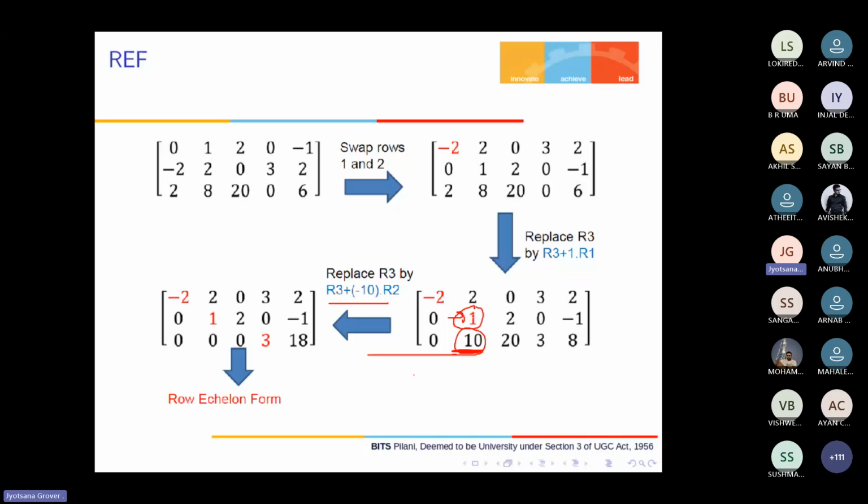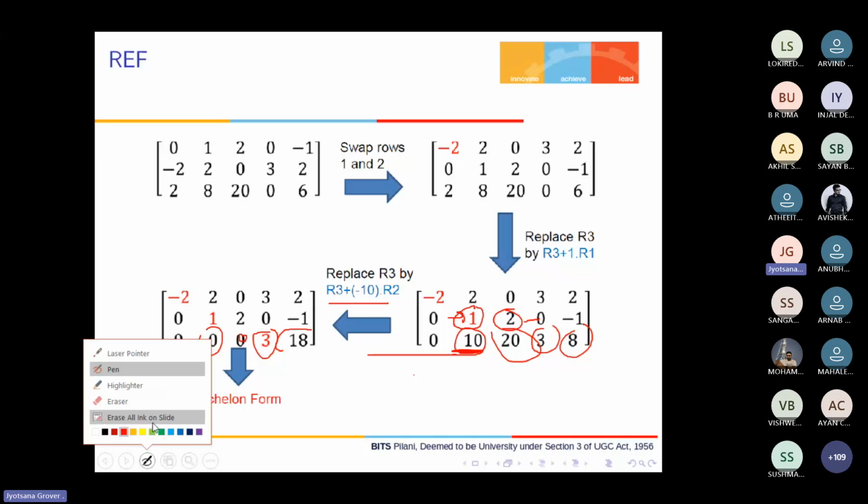So 10 minus 10 is 0. Then 20 minus 2 into 10 is 0. Then 3 into minus 10 into 0 is 3. Then 8 minus 10 into minus 1, 8 plus 10 is 18. Now tell me, is this row echelon form and why?